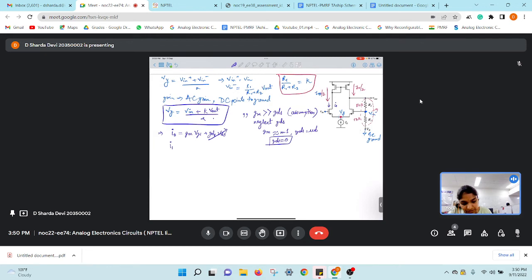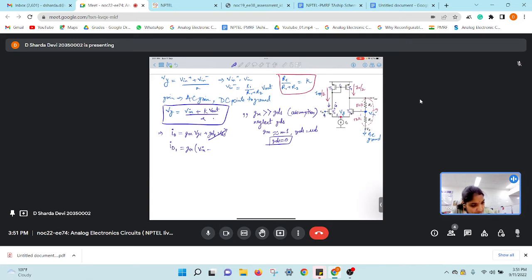Now moving ahead. So this is my transistor 1, transistor 2, transistor 3, transistor 4. So ID1 will be GM VGS. VGS is how much? VN minus... this is gate, drain, source terminal.